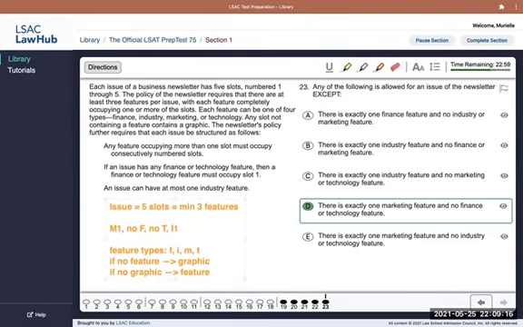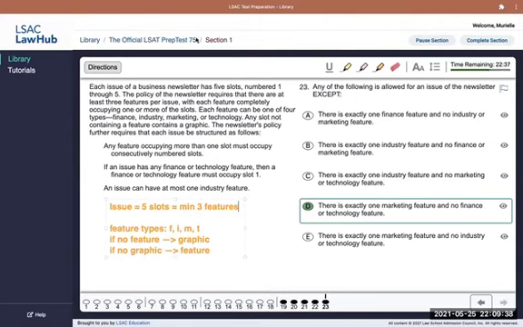So we have one marketing, one industry. It's not going to work, right? We wouldn't meet our minimum of 3. So that's why D is the correct answer there. Hopefully that makes sense as well. And again, if it doesn't, feel free to leave comments and ask questions.